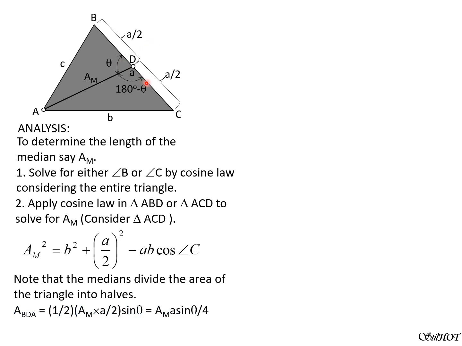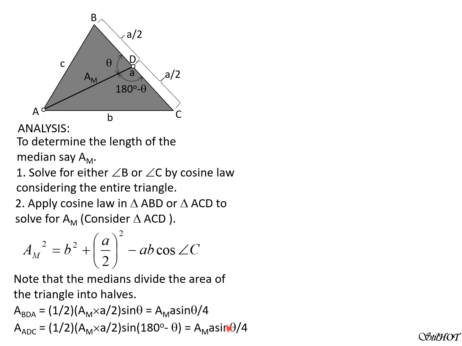Likewise, the area of ACD is 1/2 AM A over 2, so same sides, sine of 180 degrees minus theta. But since sine of theta and sine of 180 degrees minus theta are equal, then we have shown that the areas are equal, so the median divides the area into two equal parts.